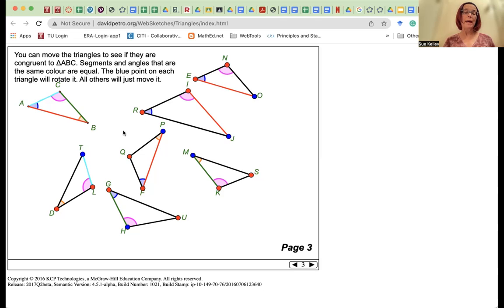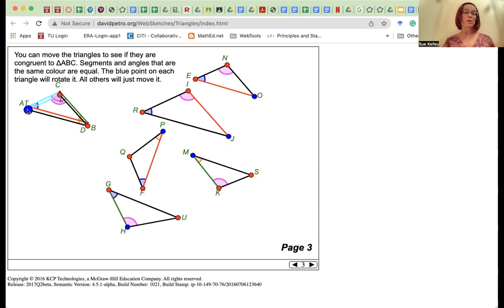By the way, if you click on the blue dot, it will rotate the triangle around. If you drag the triangle, it will translate it. So you can rotate and translate this triangle.